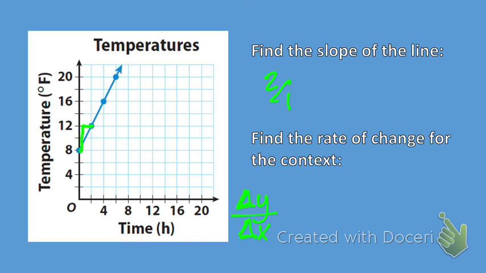So we look at the y-axis first. So 2 degrees Fahrenheit per what? Hour. Yeah, per 1 hour. That's the only difference between your slope and your rate of change. Your rate of change should have labels to relate it to the context.